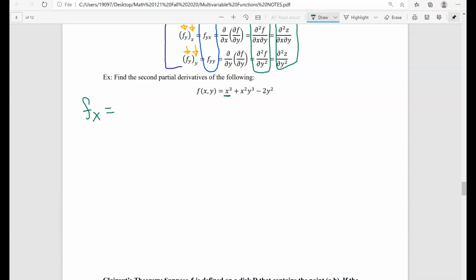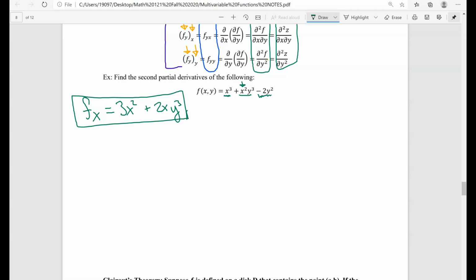The derivative of the first term would just be 3x squared. In the second term, the y cubed is constant, so it stays there, and I take the derivative of x squared, which is 2x. There's a plus there. The last term only has y, and I'm taking the derivative with x, so that goes away.